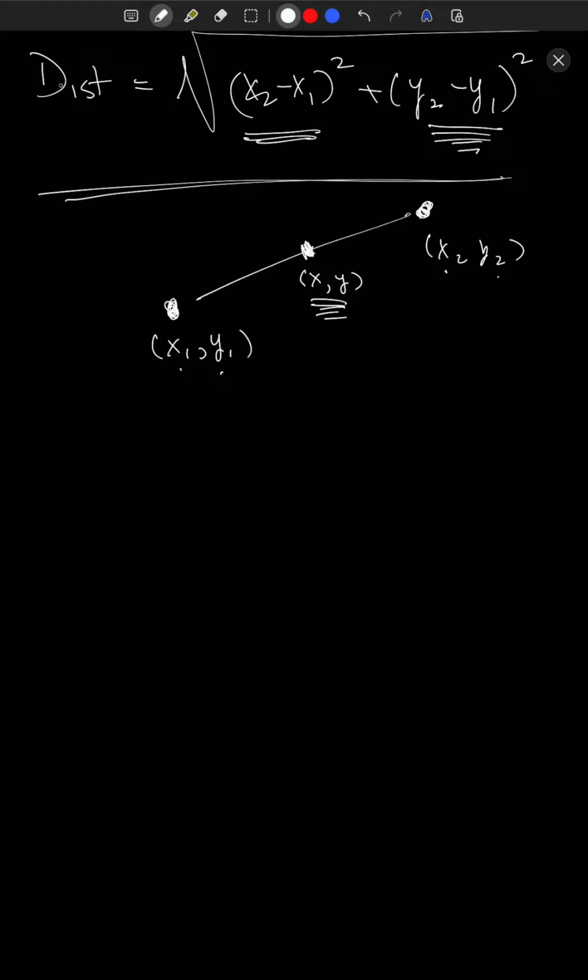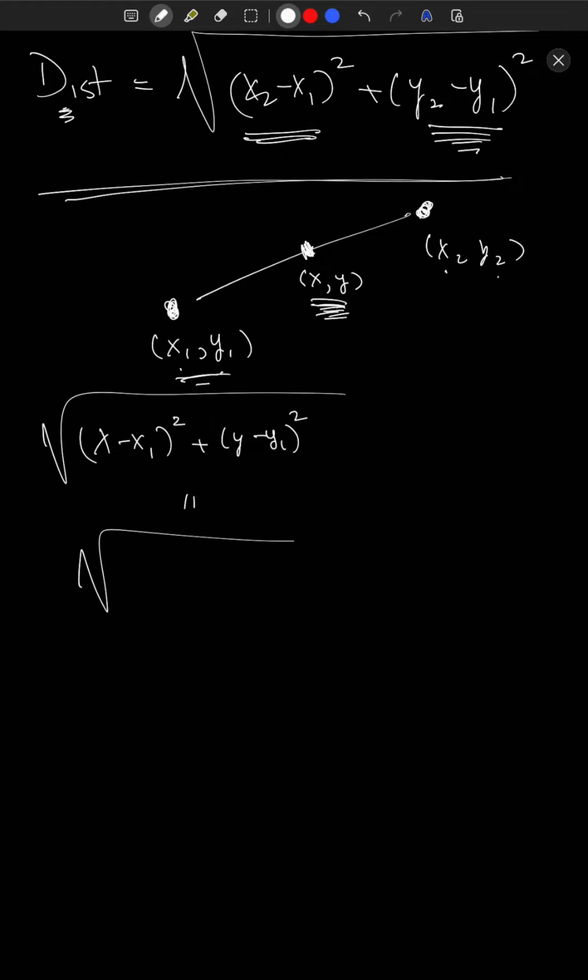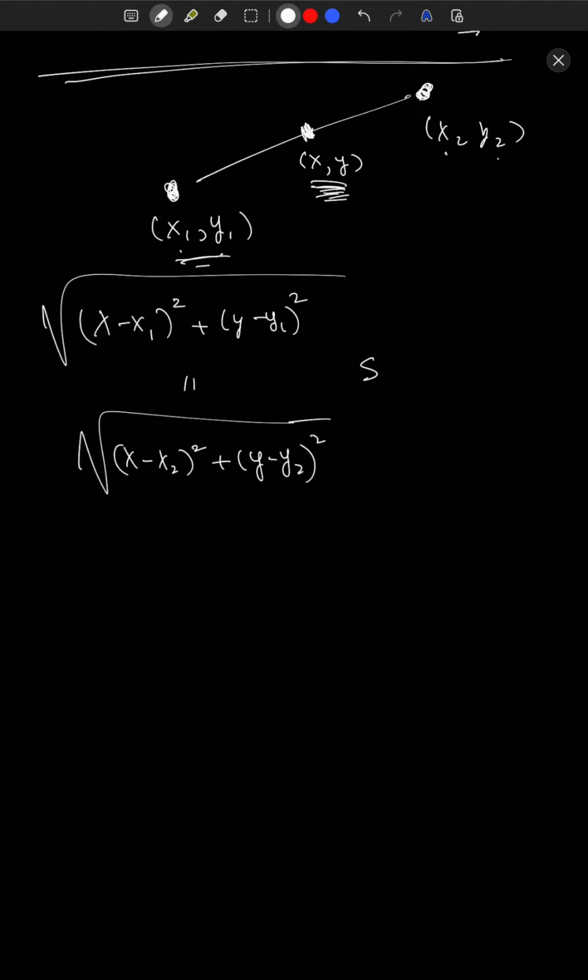You would want the distance, so write down a distance formula: the distance from our point to x1 comma y1, so the square root of x minus x1 squared plus y minus y1 squared, should be equal to its distance to x2 comma y2. And that gives you the midpoint.